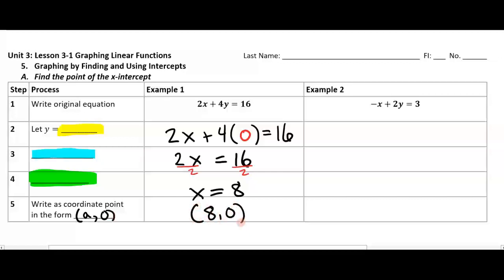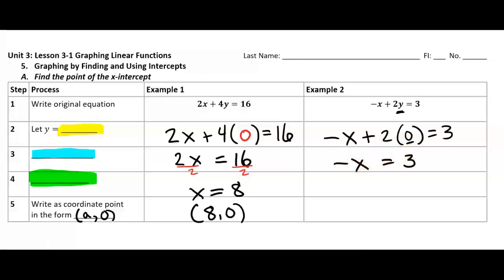All right, let's do that again. I have my original equation. I'm going to let y equal 0: negative x plus 2 times 0 equals 3. So y equals 0. I will simplify. 2 times 0 is 0 and goes away, equals 3. And then I'm going to solve for x.